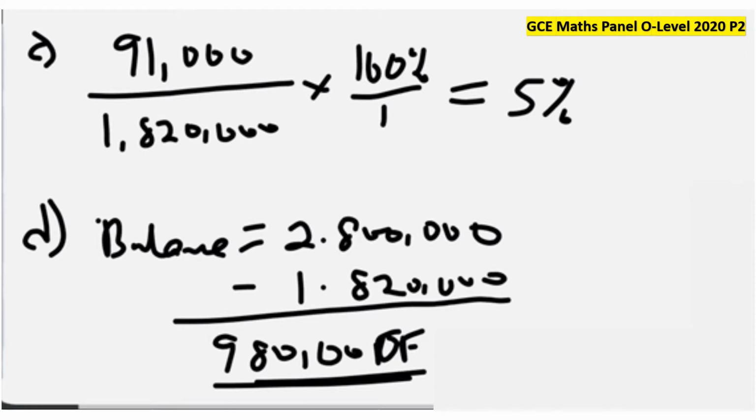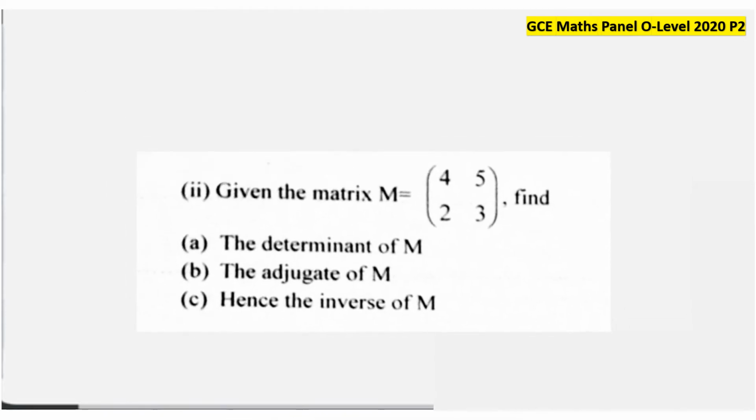Now the second part of question 1 reads, we are given the matrix M with entries 4, 5, 2, 3.